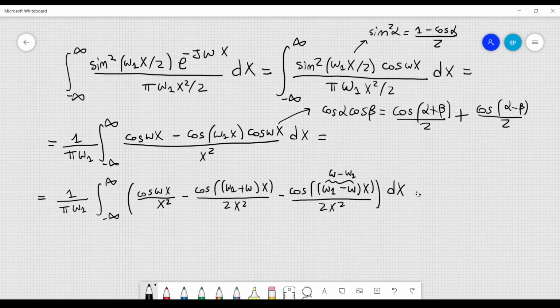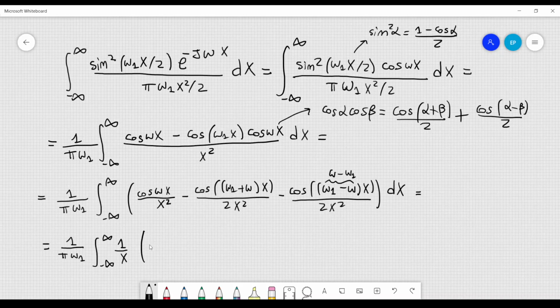And now I can integrate by parts, like this. So if I integrate by parts, I can rewrite this as 1 over pi omega 1 integral from minus infinity to plus infinity of 1 over x. When I integrate by parts, I'm going to integrate the 1 over x squared in all of the 3 terms here.